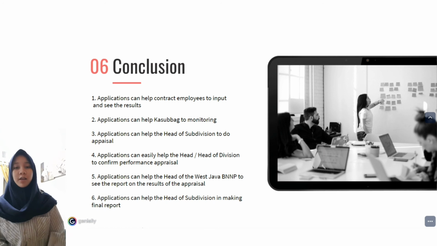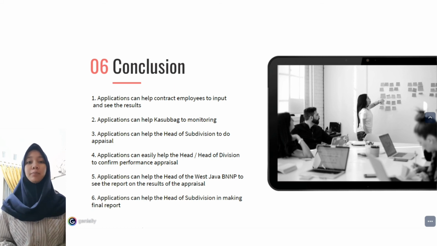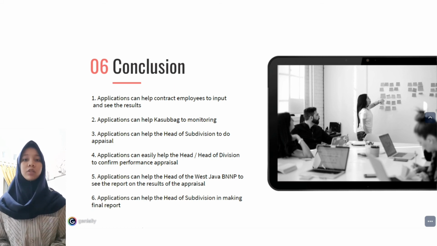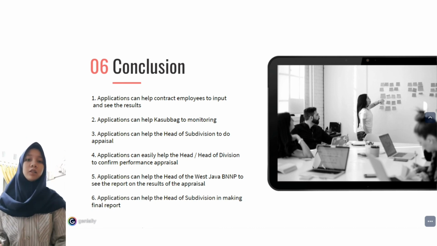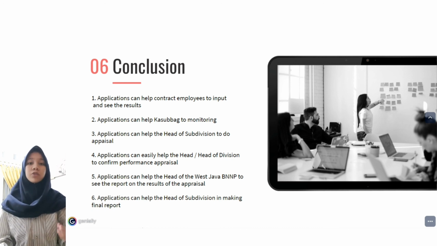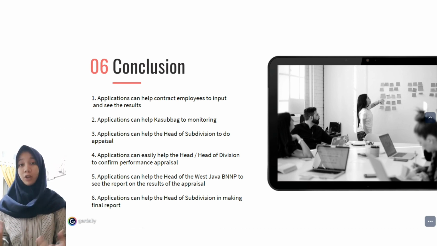Third, this application helped the head of subdivision to give an appraisal to the performance activities and store the data online securely. Fourth, the head of division can easily confirm the performance appraisal, so the contract employees don't need to wait for a long time.